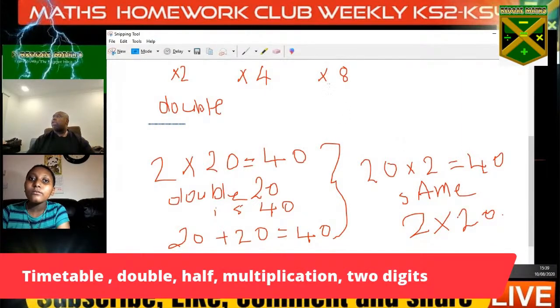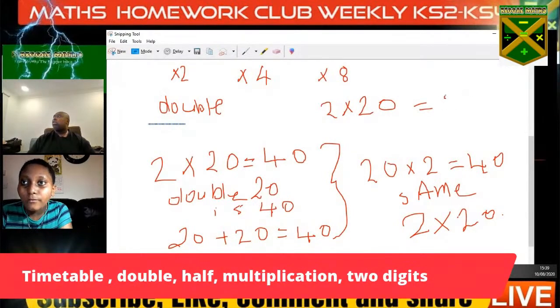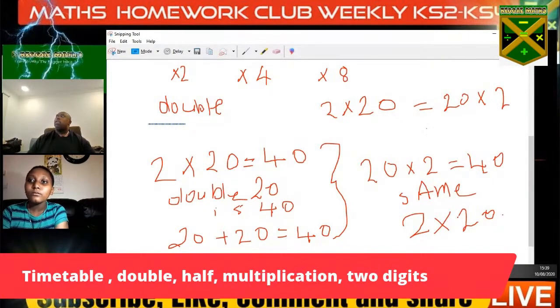So 2 times 20 equals 20 times 2. If somebody said to you, Denzel, what's 20 times 2? You can say, okay, 2 times 20, 40. The same thing.